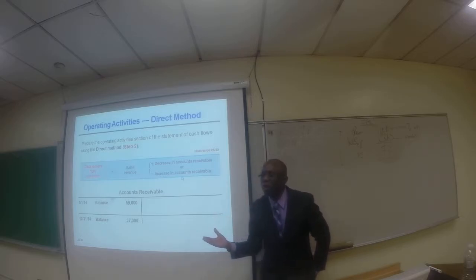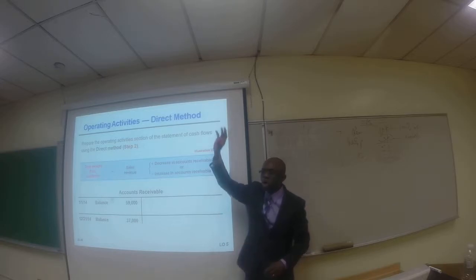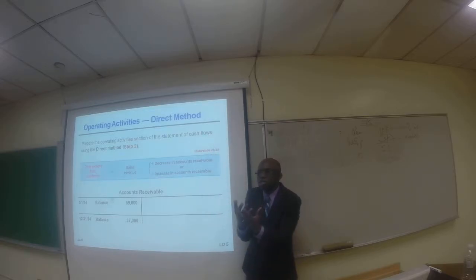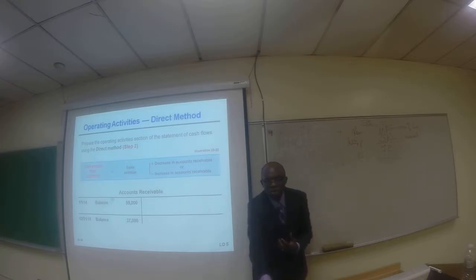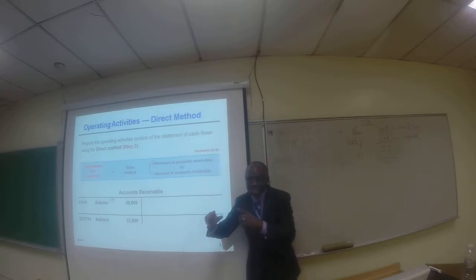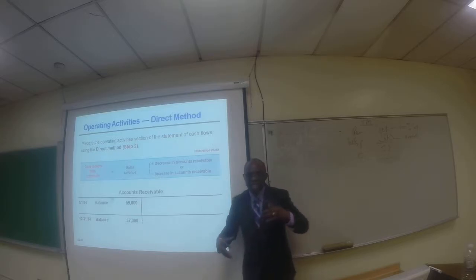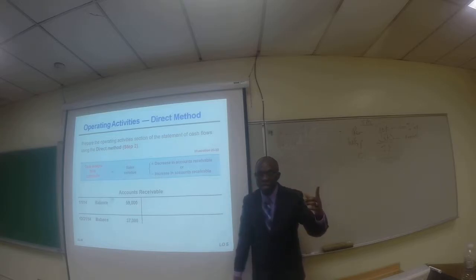What does that mean? Remember, we just talked about the fact that when accounts receivable goes up, that does not translate to cash inflow, and that is part of sales revenue, so we need to back it up. When accounts receivable goes down, that means we receive more cash in that year than the cash that is reported in sales revenue.